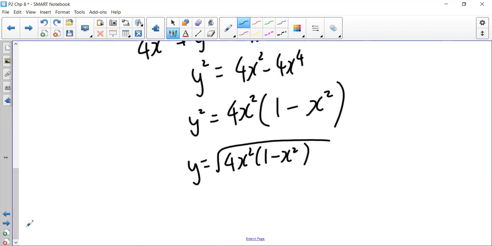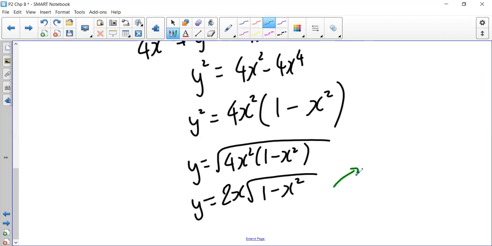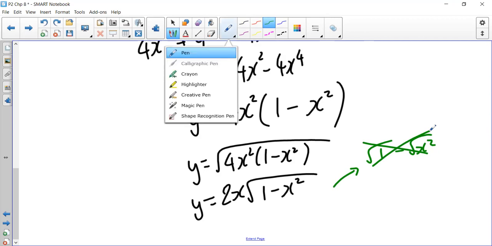So it's always positive. Now, the square root of 4x squared becomes 2x. So it's 2x square root of 1 minus x squared. Can you then rewrite it as the square root of 1 minus the square root of x squared? No, you can't. Remember, when you square root with a minus inside, you can't break it out. So that's the answer for part a.